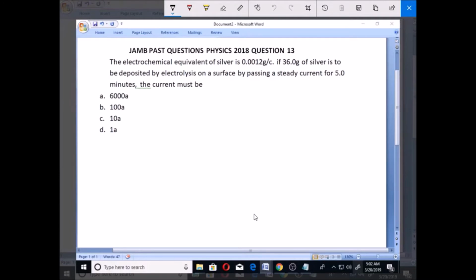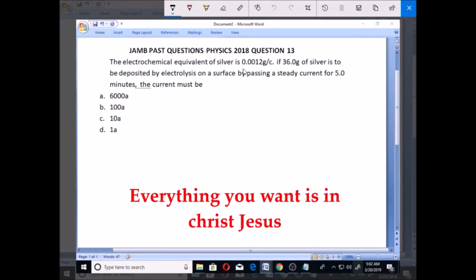Now let's look at this question number 13 for Jamb Past Questions Physics 2018. The electrochemical equivalent of silver is 0.0012 gram per coulomb.